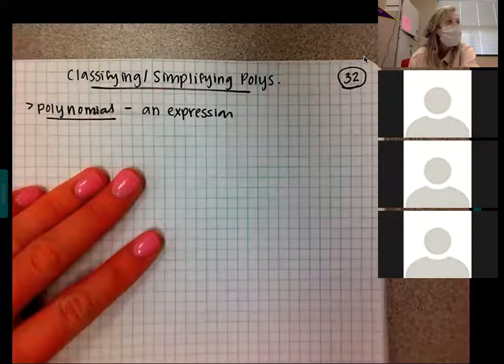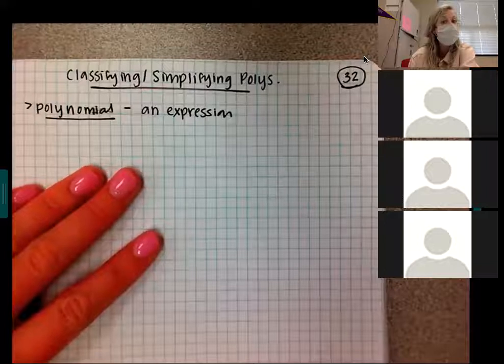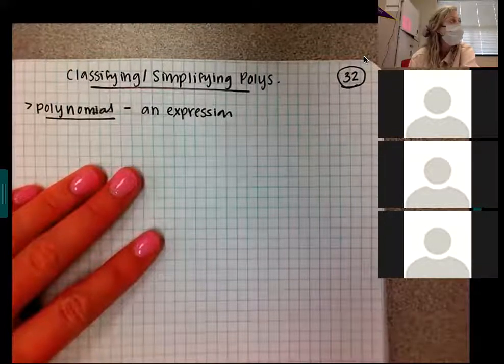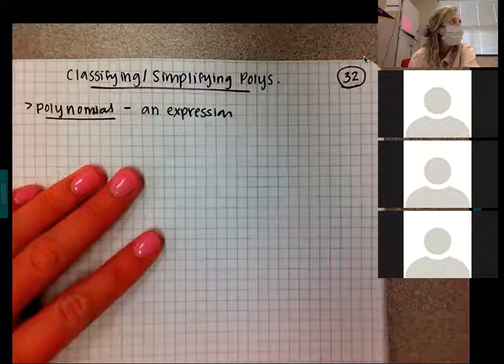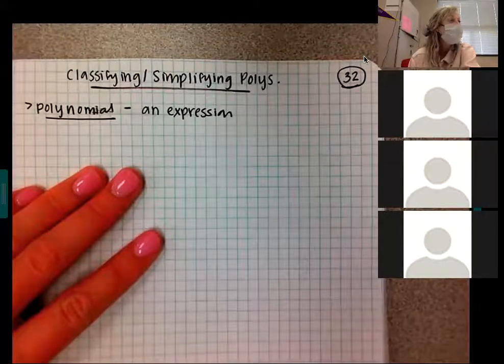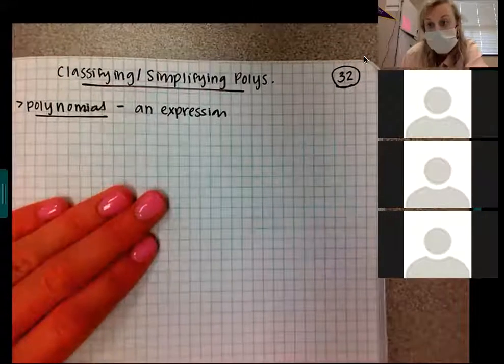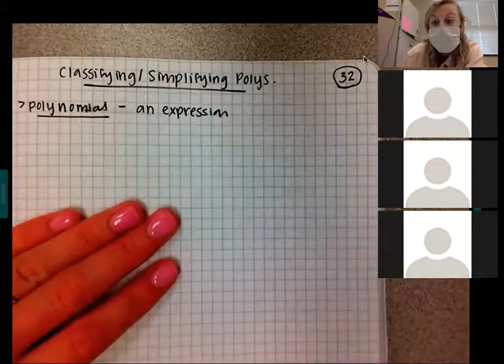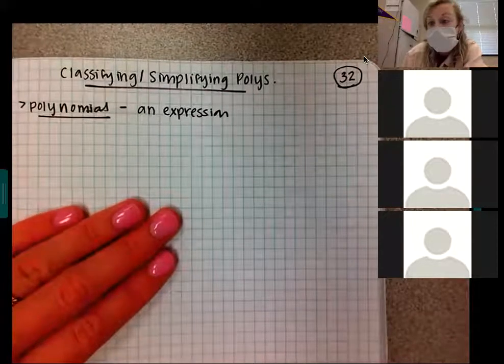That's it. So do y'all remember from unit 1 what an expression is? A math sentence, does it have an equal sign or does it not have one? Who remembers? In unit 1, we talked about expressions versus equations.